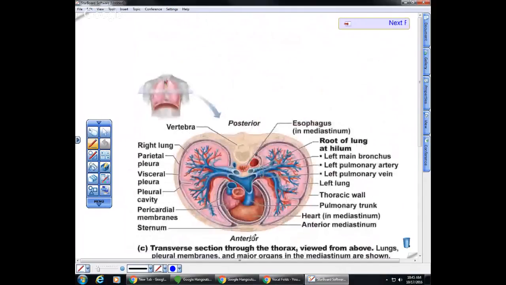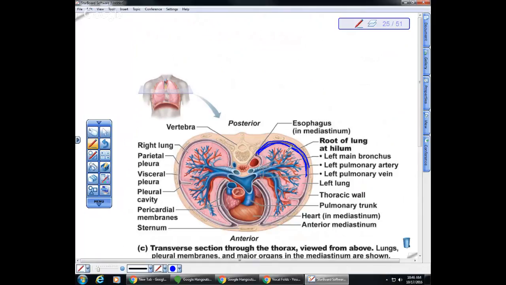So looking at a cross section, this membrane that is on the surface of the lung is the visceral pleura, right? Because it's on the actual organ. And then this would be the parietal pleura. And then in between, we have the fluid, which is the pleural cavity, right?